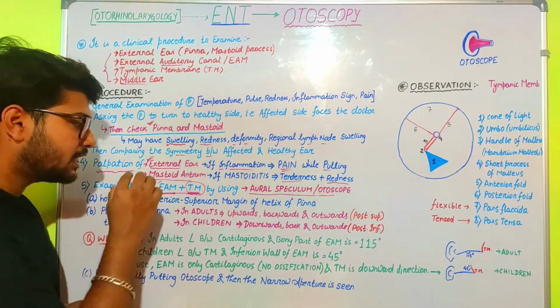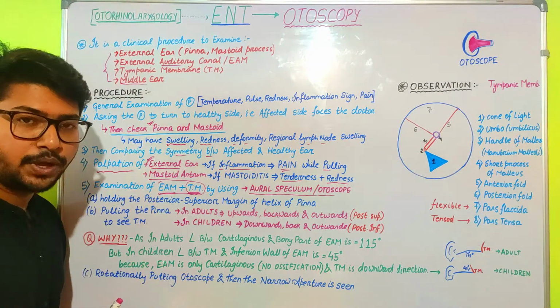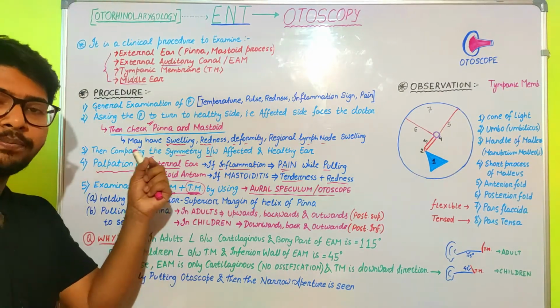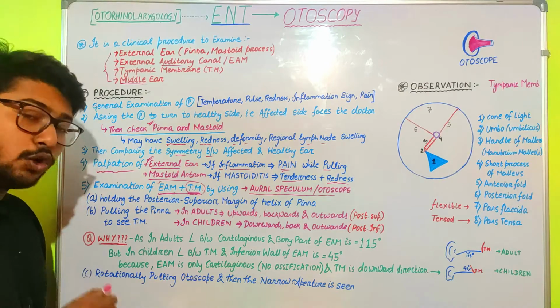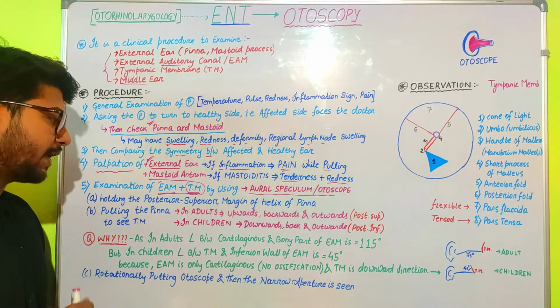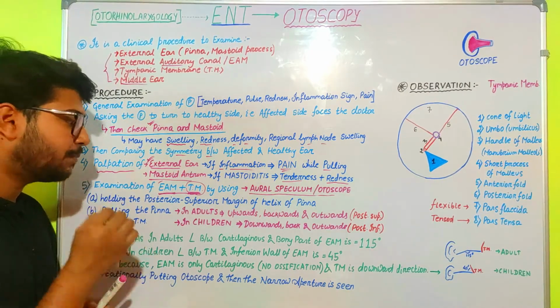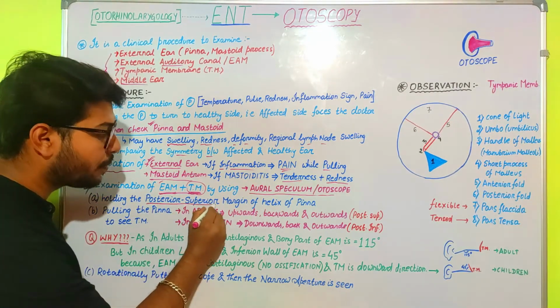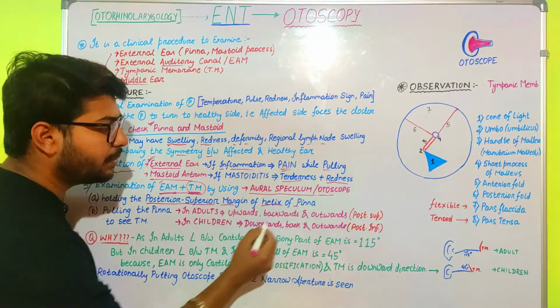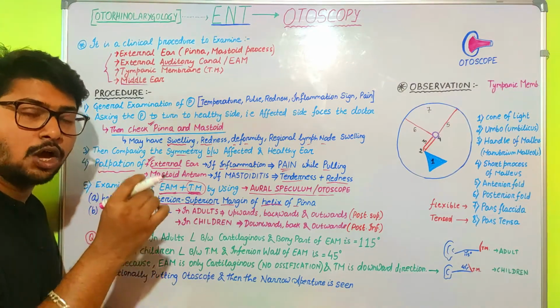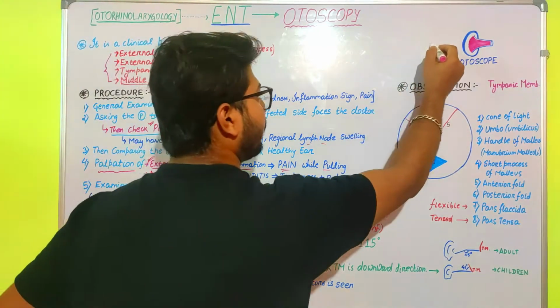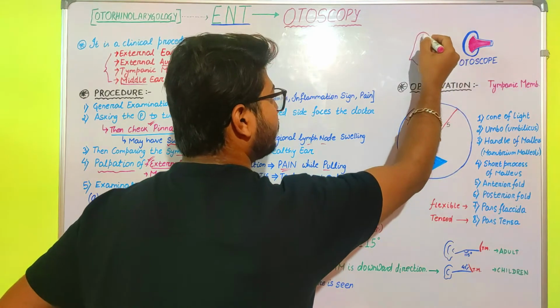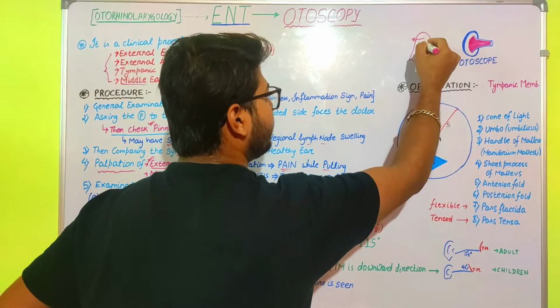Next, for this process of otoscopy, we need to pull the pinna and hold it. There is a specific process of holding the pinna, that is the posterior superior margin of the helix of the pinna. If this is the pinna, then this is the posterior and this is the superior.